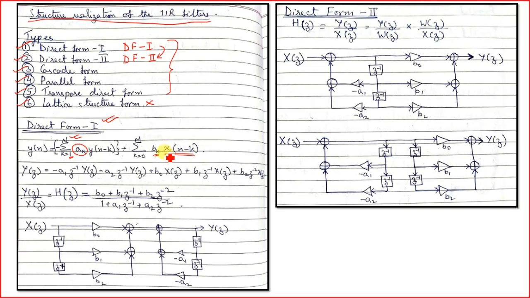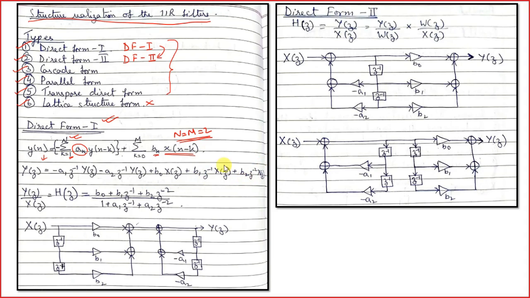Okay. So from here, if we calculate the z transform and we take N equals M equals 2, then we get Y(z) equals minus a1 z inverse Y(z) minus a2 z inverse Y(z) plus b0 X(z) plus b1 z inverse X(z) plus b2 z to the power minus 2 X(z).